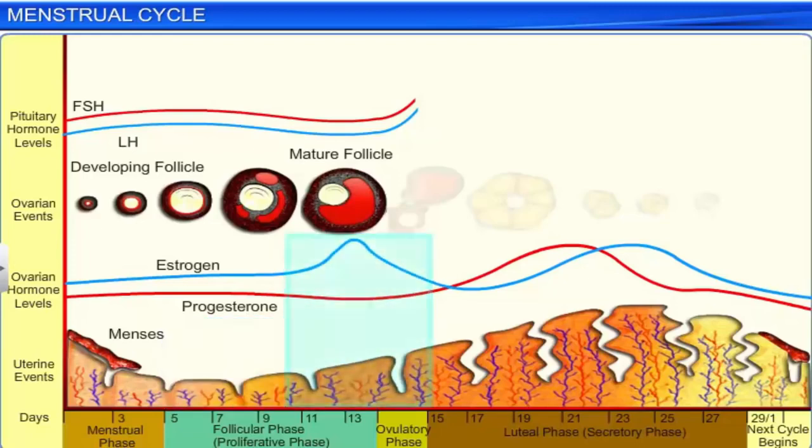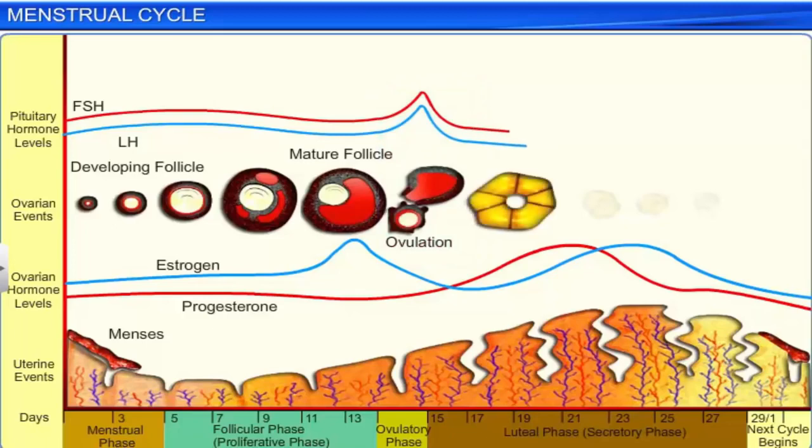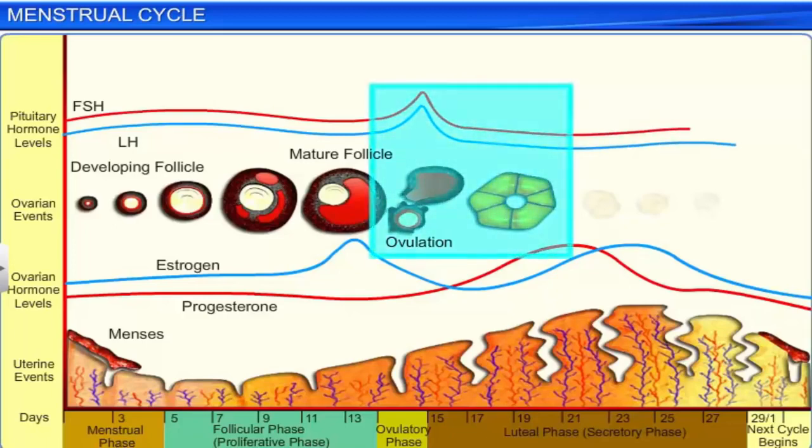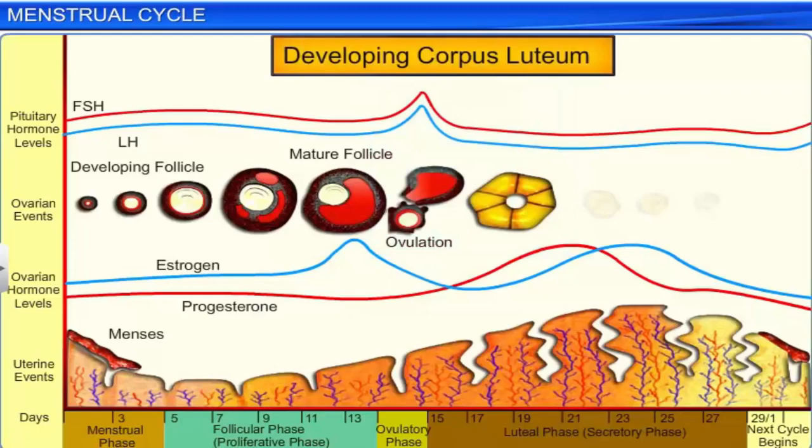The increased levels of estrogen, in turn, cause the anterior pituitary gland to release a surge of LH and FSH, so much so that by the ovulation stage, the levels of FSH and LH in the blood are at their peak. This LH surge causes ovulation by rupturing the Graafian follicle and turning the follicle's remnants into the corpus luteum.